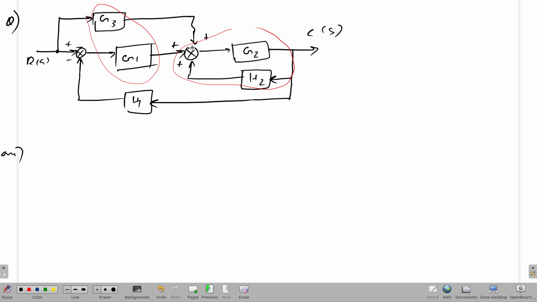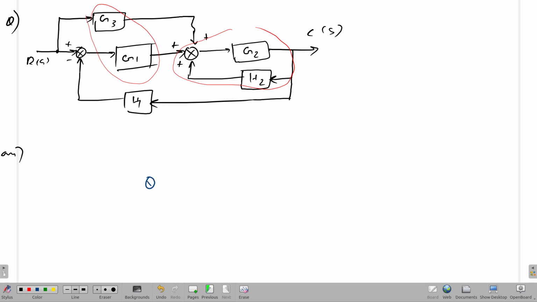So either we have to shift the summing point of this particular block from here to beyond this summing point, or you will have to shift this takeoff point to after this summing point. So I'm going to stick with the first thing. I'm going to shift this summing point here. Okay, so let's see how that turns out.